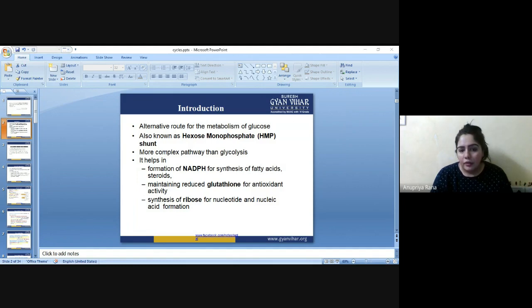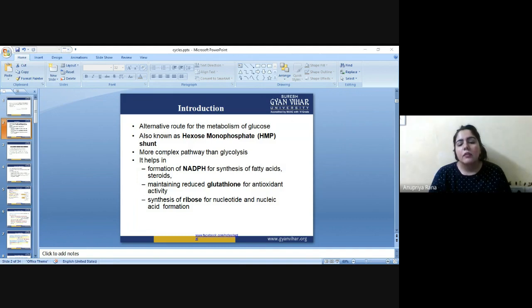Oxidation of this glutathione can be dangerous for us. So the HMP process is also responsible for maintaining the quantity of reduced glutathione inside a cell for the antioxidant activities. That's why this is also very important.